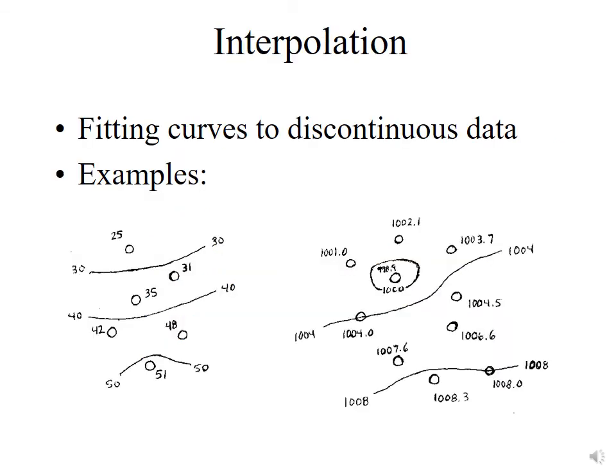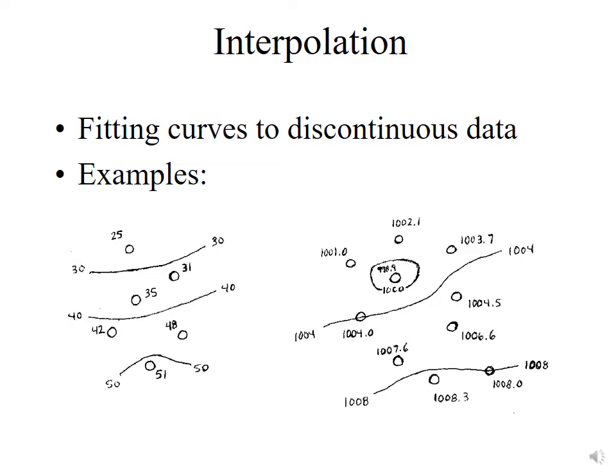The other thing is that when we draw isopleths between data points, we have to interpolate. So over on the left, we have temperature in degrees Fahrenheit. We've got 25, 31, 35, and we have a 30-degree isopleth.